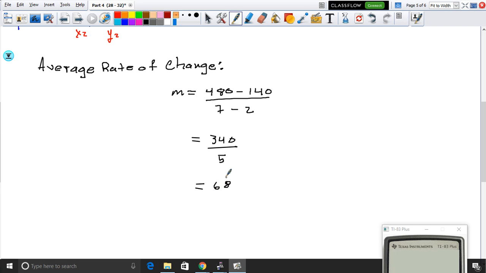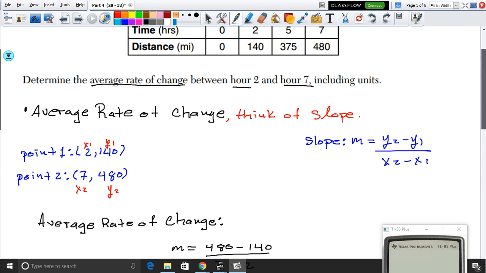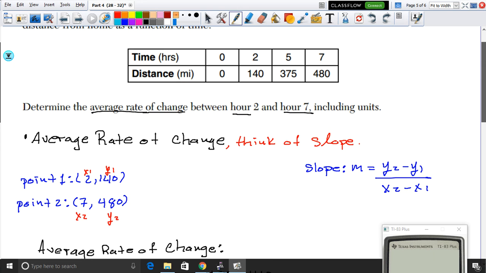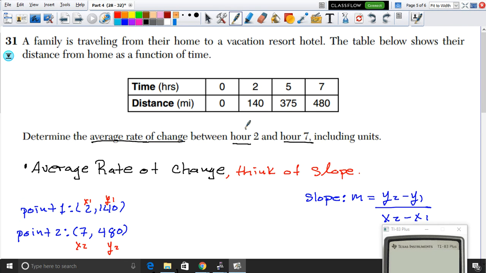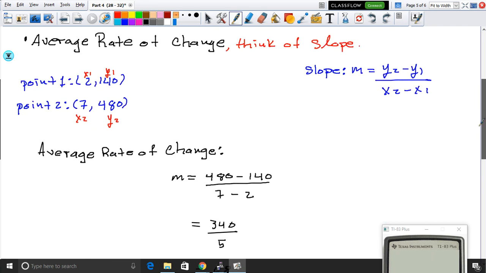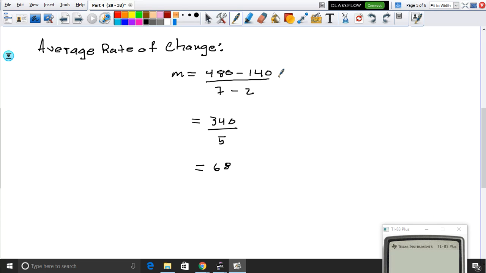All right, so this is just a number, but we also want to know the units. In here, our units will be miles per hour. Now, how can we determine that? Well, notice that the distance is given in miles, and the time is given in hours. So the rate of change in here will be miles per hour.